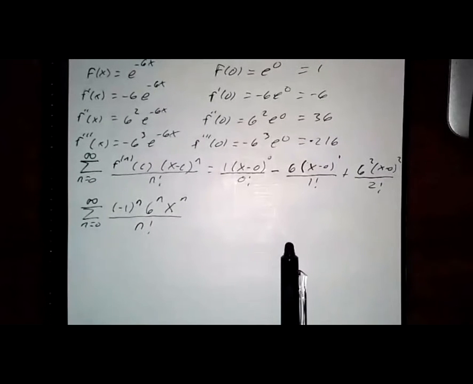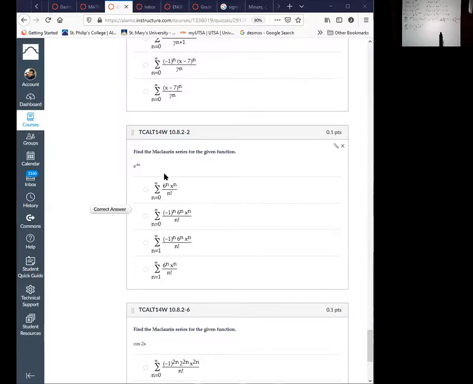So that should be the answer. Let's find out. Yeah, it looks like negative 1 to the n, 6^n. Yeah, cool.